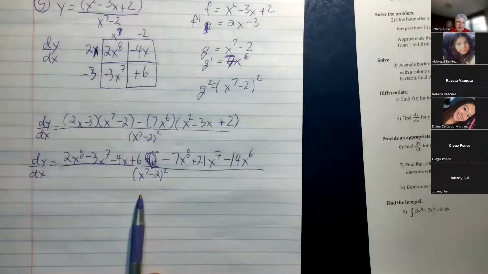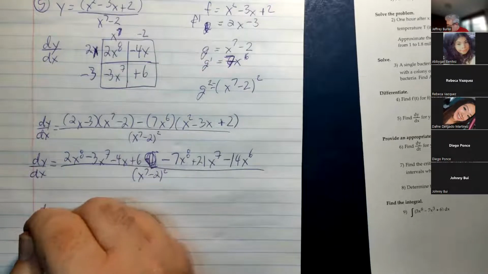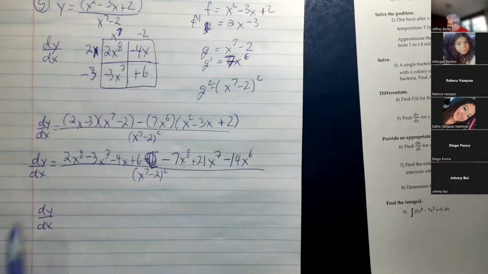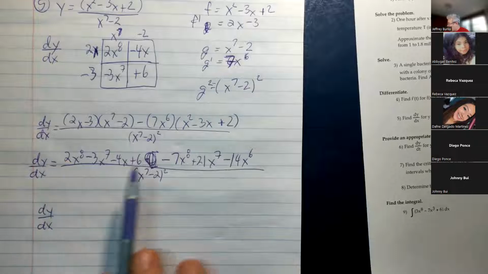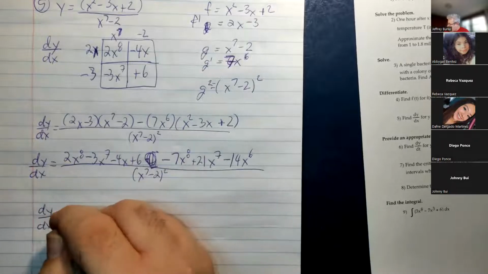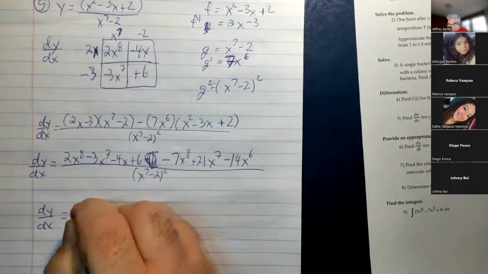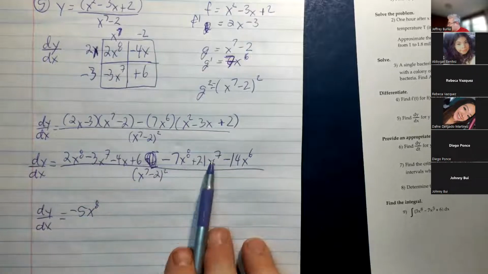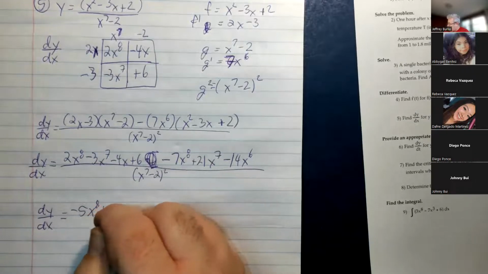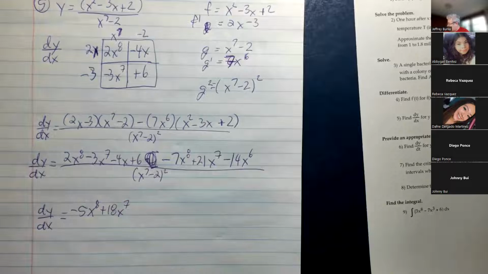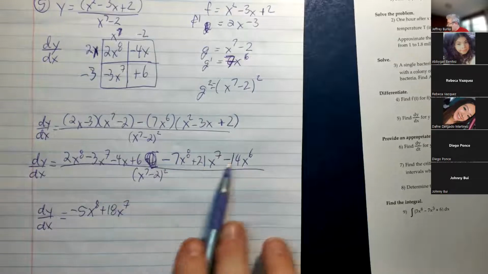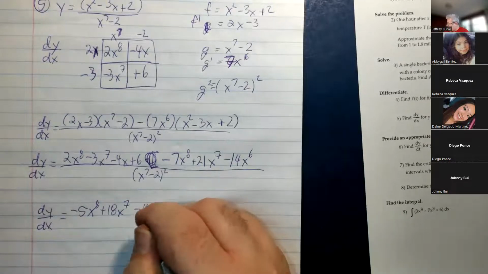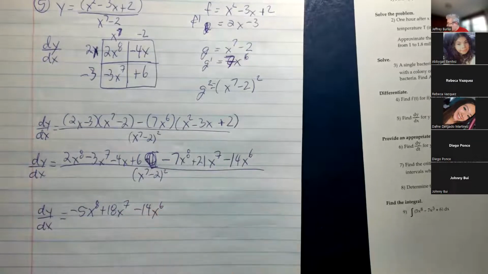All right, and then if I want to clean up the top a little bit here. 2x to the 8th minus 7x to the 8th, that should be equal to negative 5x to the 8th. Negative 3x to the 7th plus 21x to the 7th, that's going to be plus 18x to the 7th. Next, I've got negative 14x to the 6th.